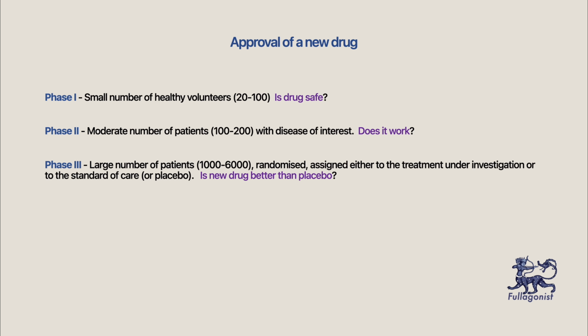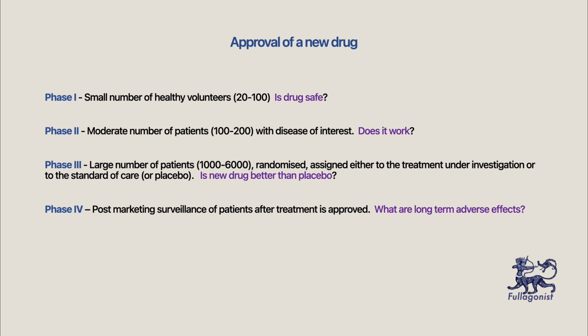Phase 3 involves a larger number of patients, usually more than 1,000. The study is randomized and can be placebo-controlled. This trial determines whether the new drug is superior to the placebo or a standard of care. If a new drug is better than the placebo, then the new drug is approved. After new drug approval, a Phase 4 clinical trial involves post-marketing surveillance.